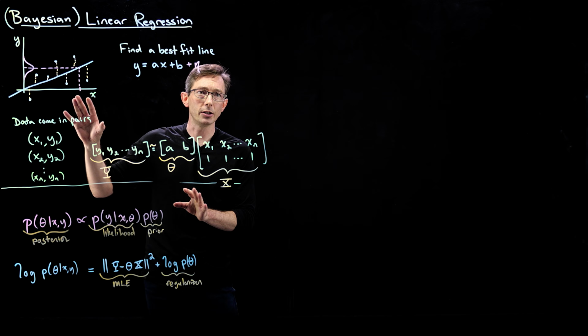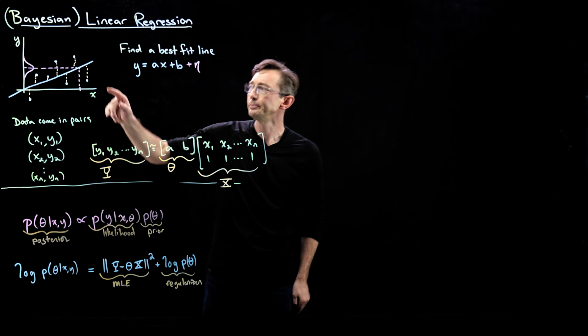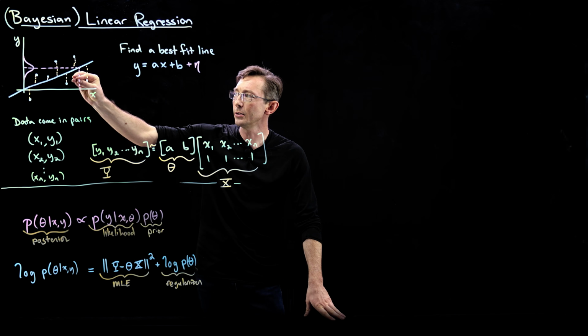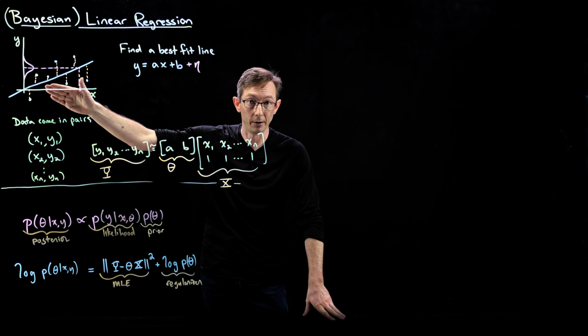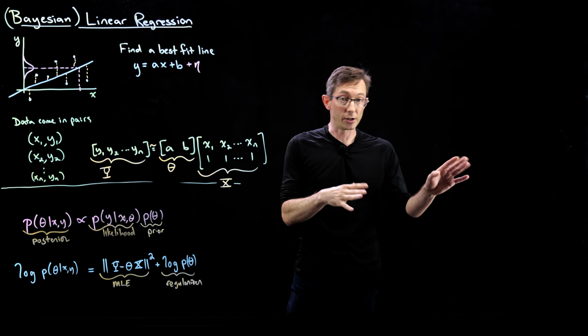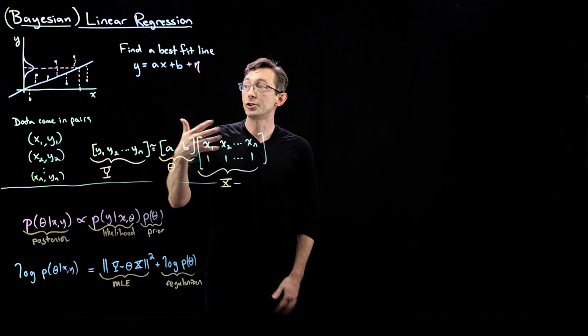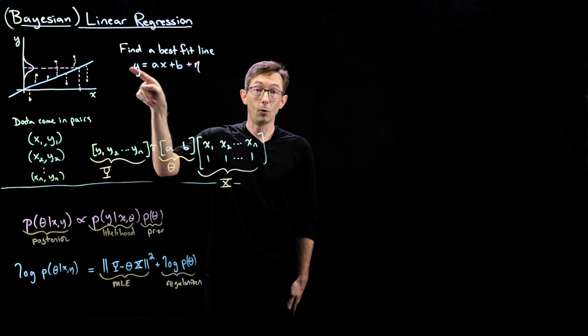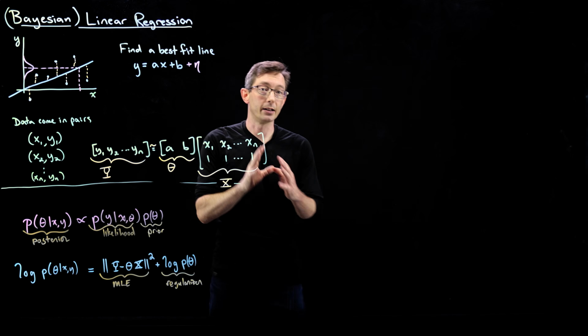So now we're going to revisit this Bayesian estimation idea in the context of this least squares regression problem. In Python, in just a minute, we're going to generate a data set that is generated from a true y equals ax plus b plus some Gaussian noise. So we're going to have the truth.